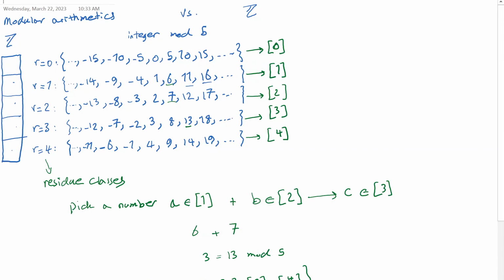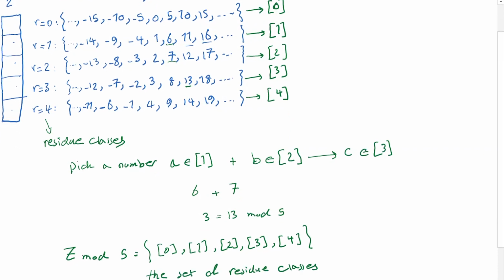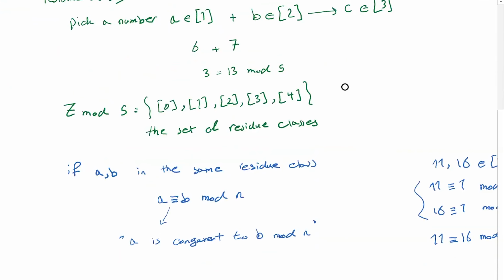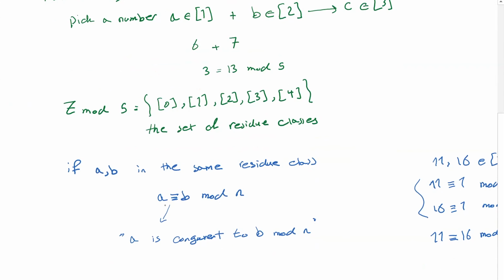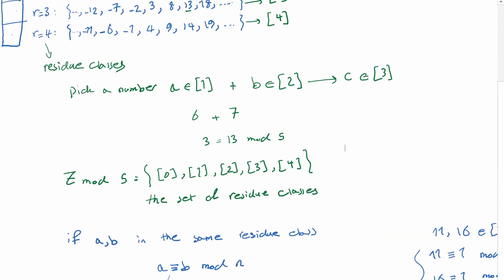The nice property is that any two elements within the same residue class are congruent to each other, meaning that if you take 5 or 10 mod 5, the remainder would be 0. So that was the meaning of congruent over here. That's what we learned last week.